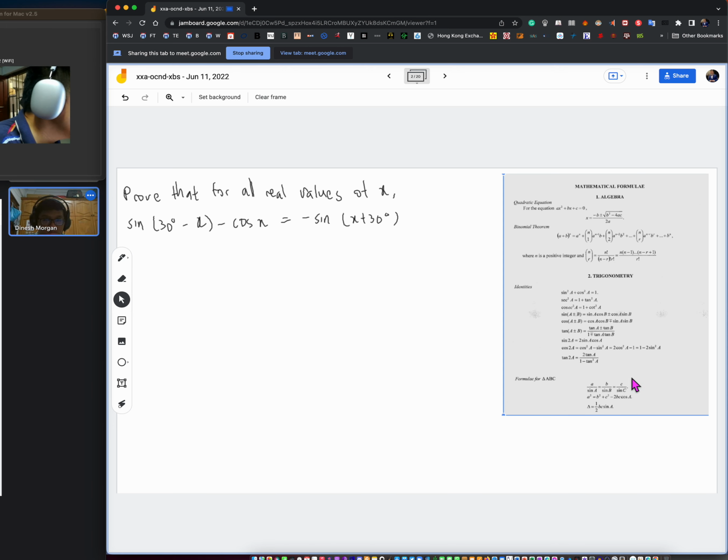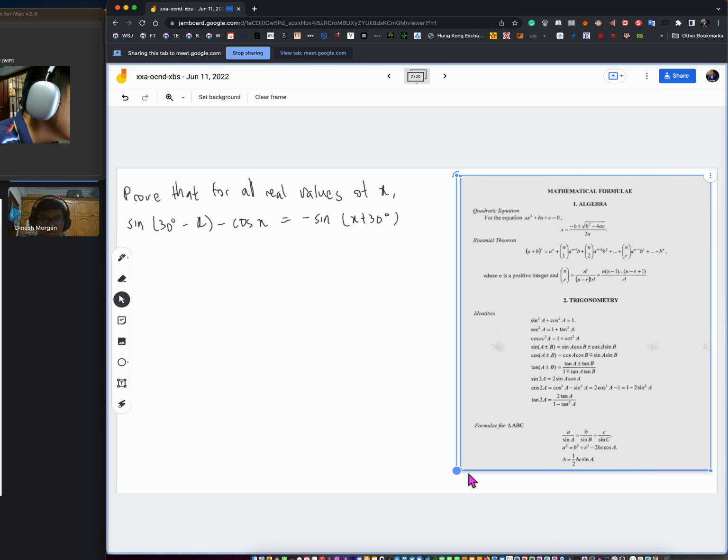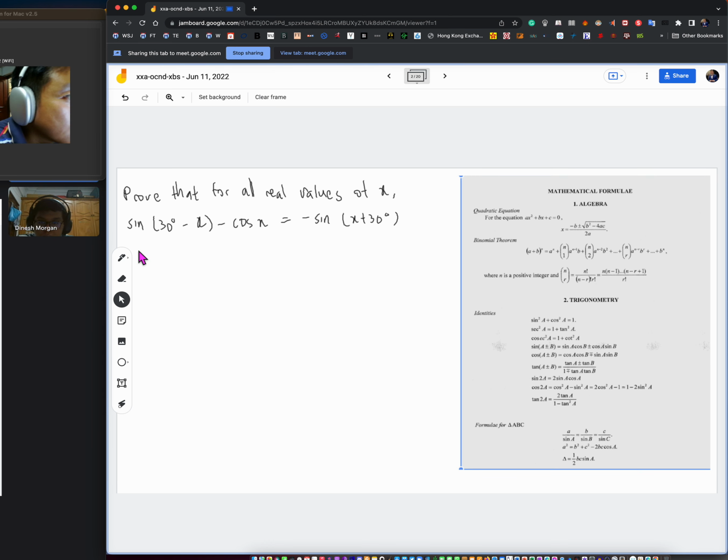Okay, so I think it is good that I have the formula on the right hand side because you need to use some of them. Okay, so what do you have here? You have this. I think you can make use of this, right? This one. Continue. Yep. And by the way, sine 30 is a special angle.